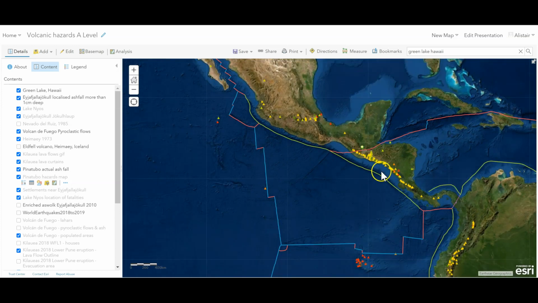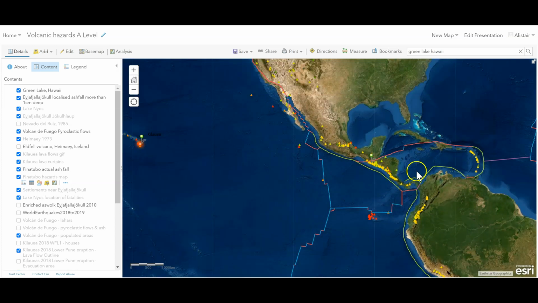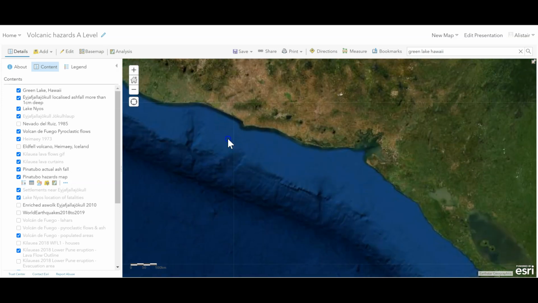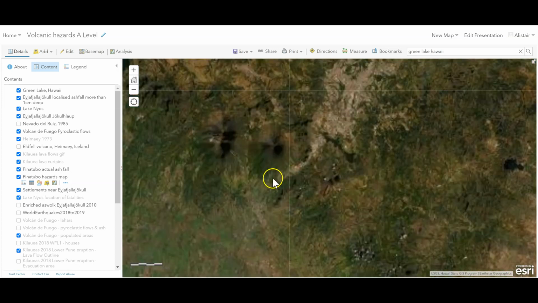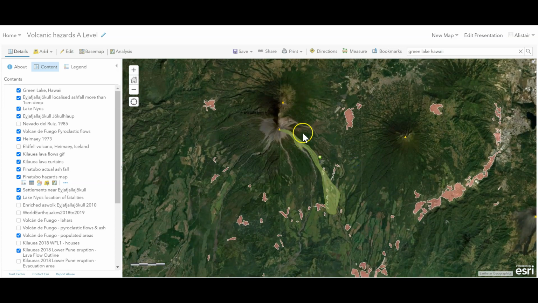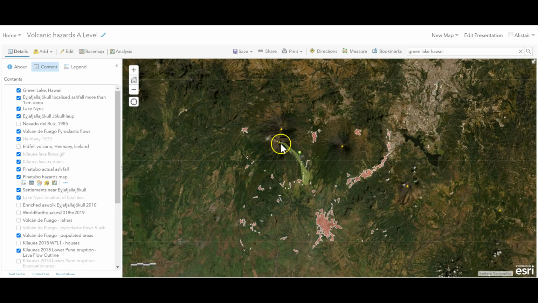This is in Central America, so you're in an area where you're going to be having more rainfall, close to your tropical rainforests. So this is an area where you're going to get a lot of rain, and what will then happen after the ash and the pyroclastic flows come out, even if there's not a lahar immediately, there can be a lahar following on in the days, weeks, months, and indeed years afterwards.